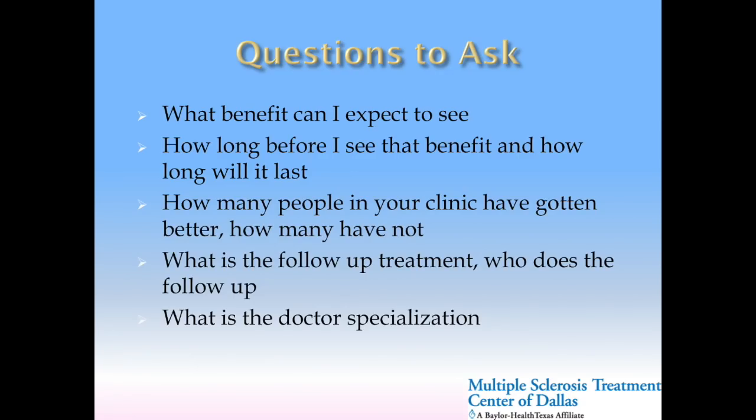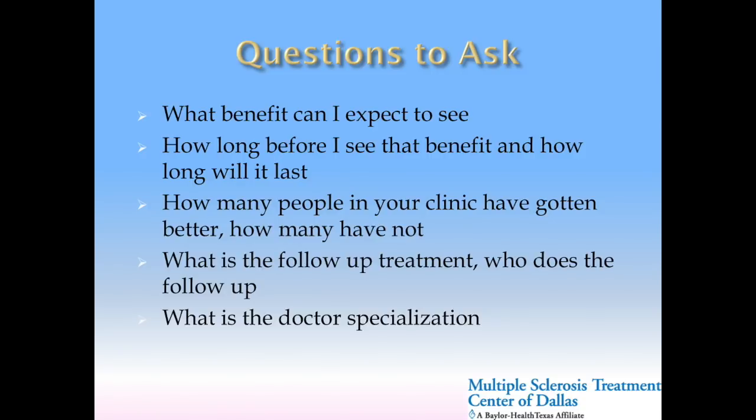Okay, what benefit are you going to see? If someone's going to propose stem cell, all of this should be realistic, right? We have to look for realistic response, realistic treatment outcomes. I mentioned that these therapies aren't a cure.